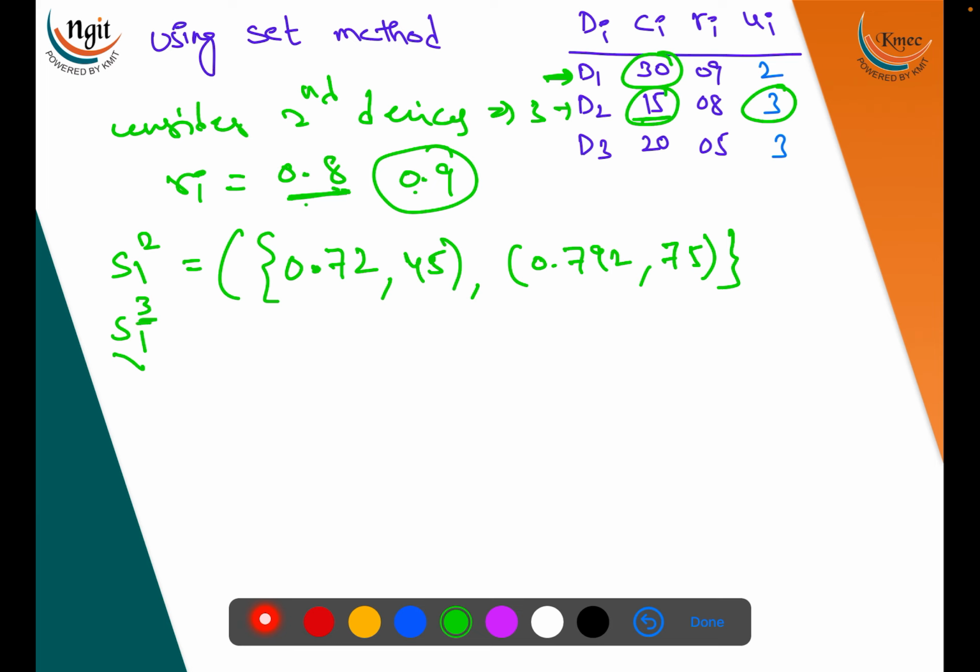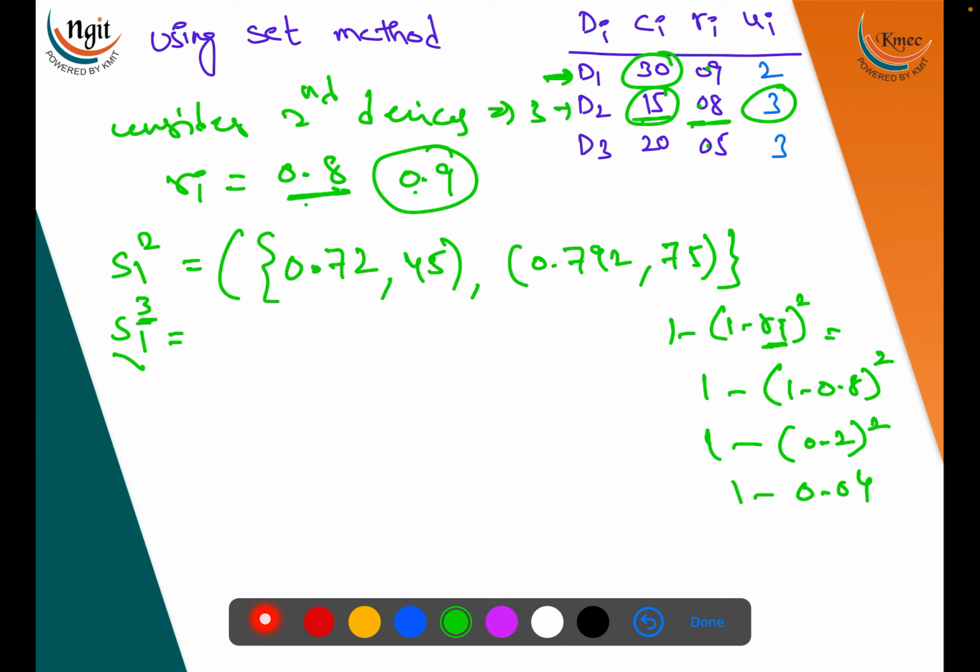If you want to go for it, you should know the reliability factor. The formula is 1 minus (1 minus Ri) whole square. Ri value is 0.8, so 1 minus 0.2 whole square, 1 minus 0.04, which is 0.96. So the cost is 30 and the value is 0.96.